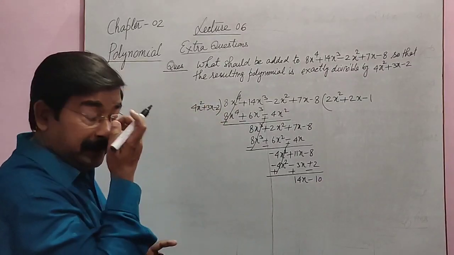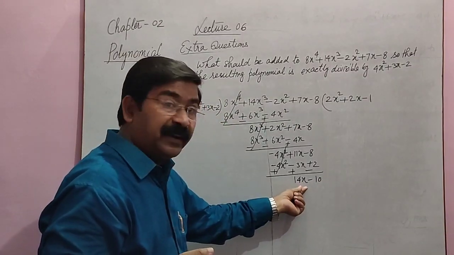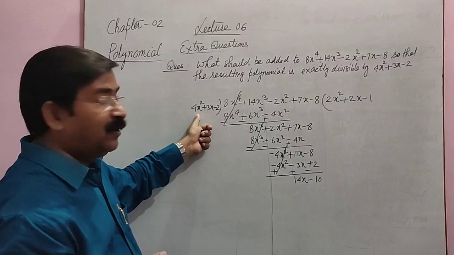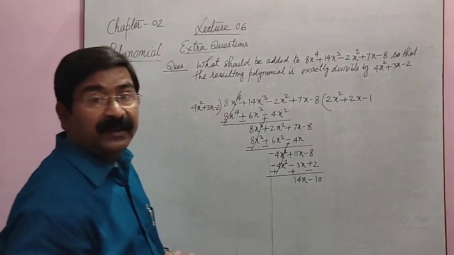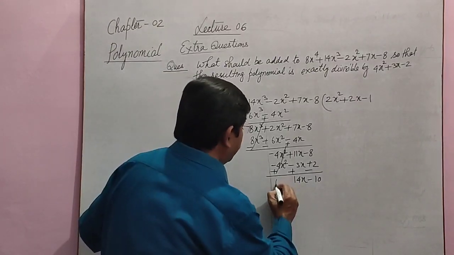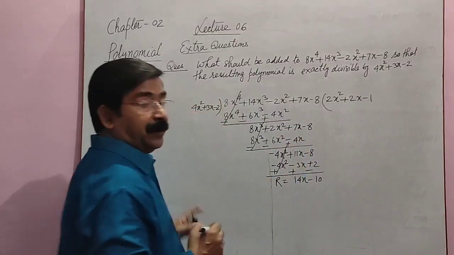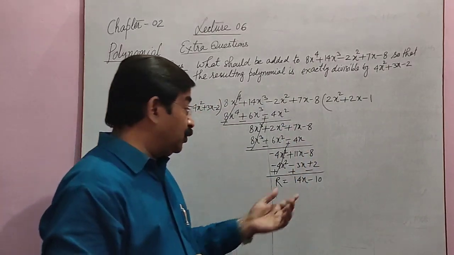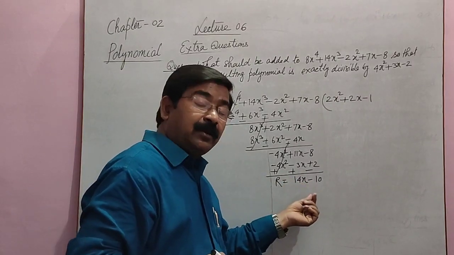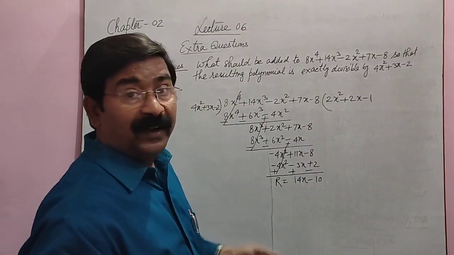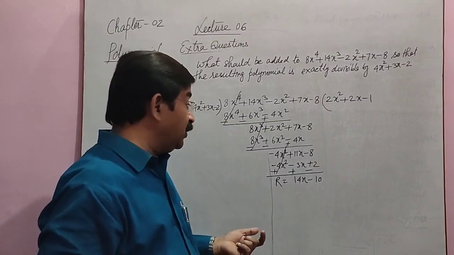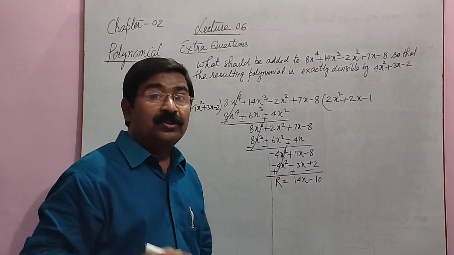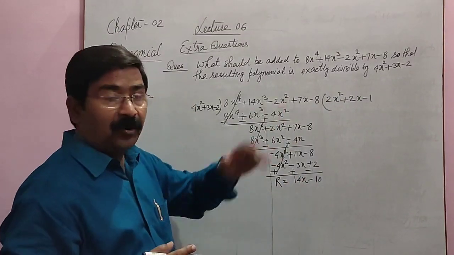Now degree of remainder is 1, degree of divisor is 2. It means we cannot divide further. This is remainder. Now what must be added to this? So I told whenever you have this kind of question to add, to subtract the remainder from 0.